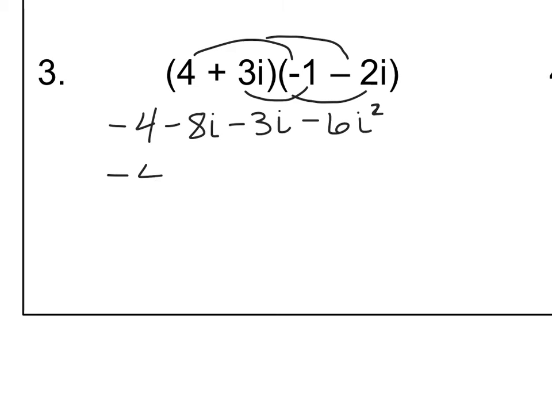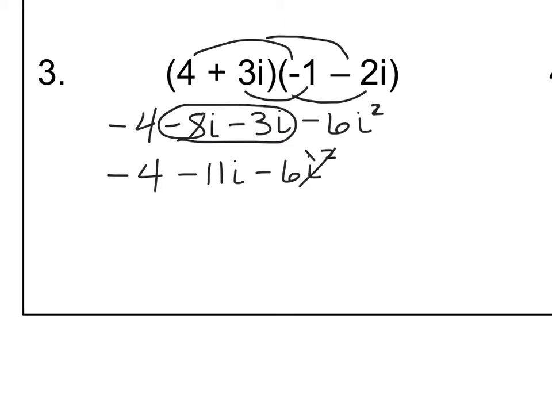So -8i and -3i are like terms. That's -11i total. And now what I'm going to do is change my i squared, because remember, we cross out the i squared and change the symbol in front. So this is really -4 minus 11i plus 6.